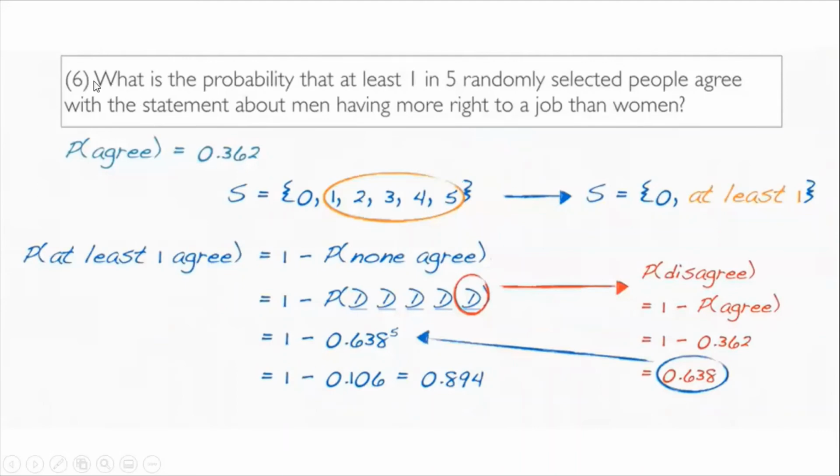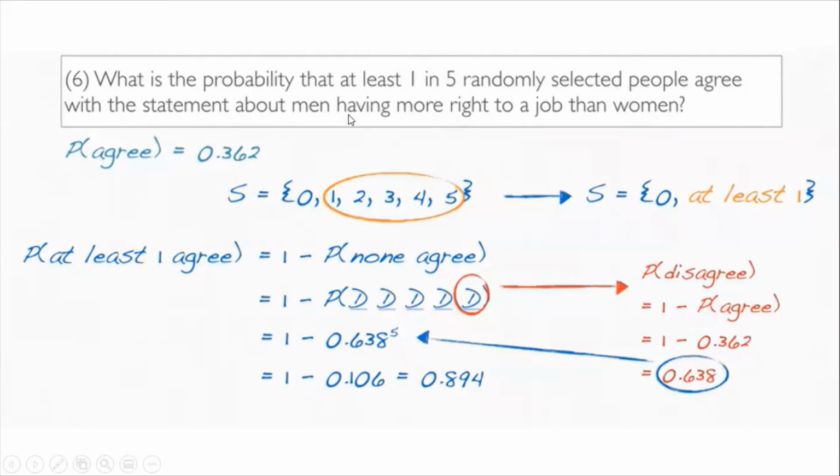And next, number 6 is, what is the probability that at least 1 in 5 randomly selected people agree with the statement about men having more rights to a job than women? This is called the discrete probability distribution.